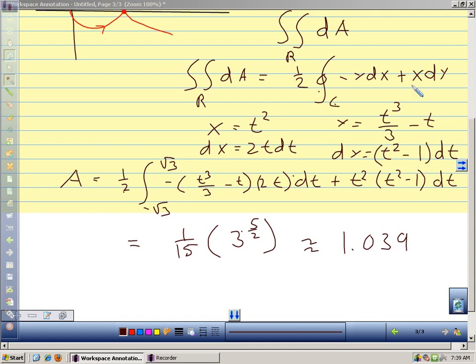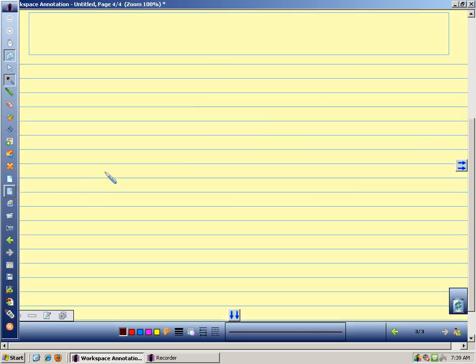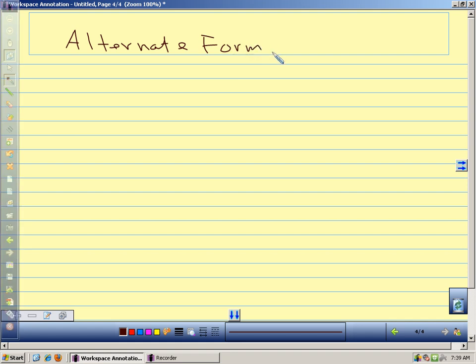Okay. Now what I really wanted to do today. This is a nice application of Green's theorem. But what I want to get into is using Green's theorem as a preview for the other two big results that we're going to get to at the end of the chapter. So we're going to talk about a couple of alternate forms of Green's theorem.